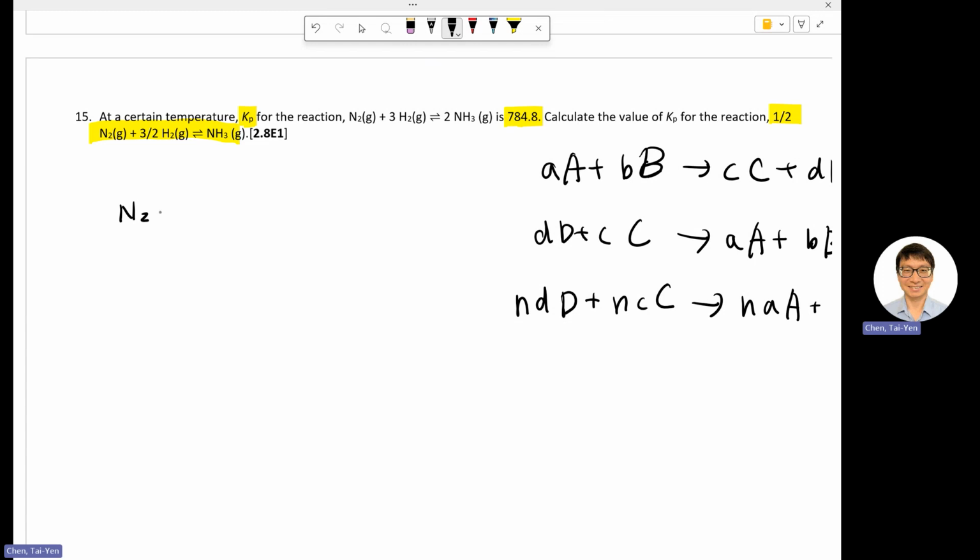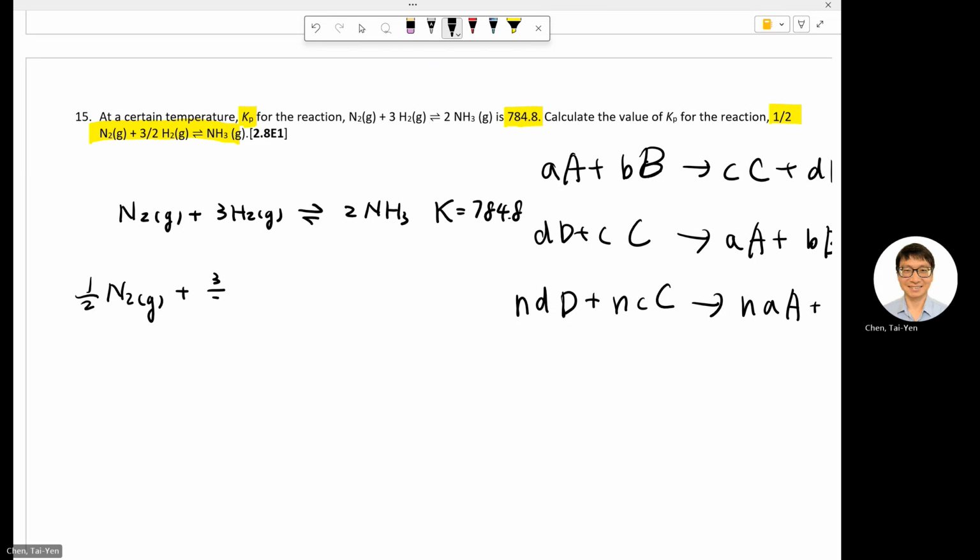Originally you have N2 gas plus 3H2 gas giving you 2NH3, with a K equal to 784.8. Now the target equation is this.